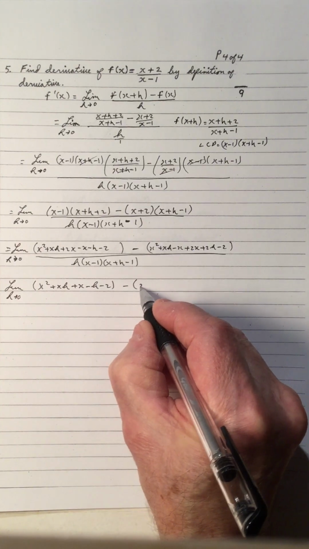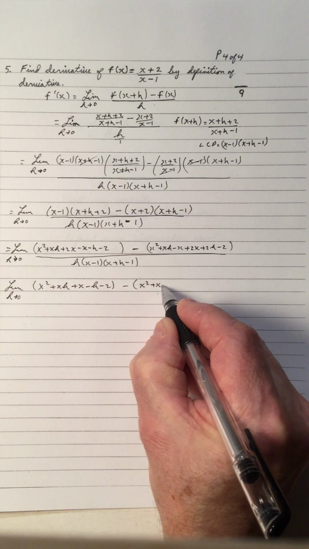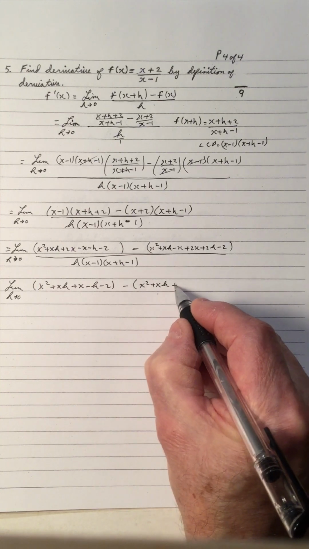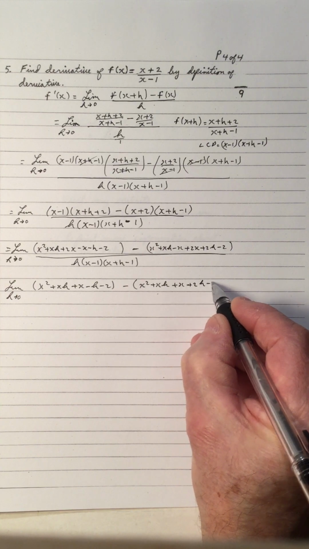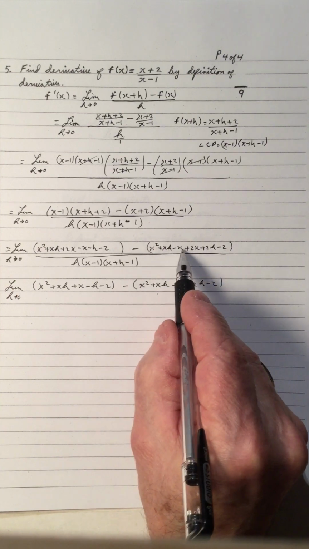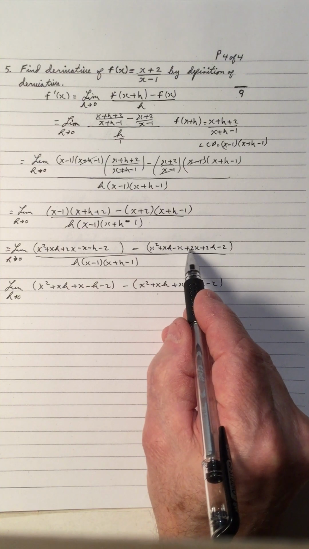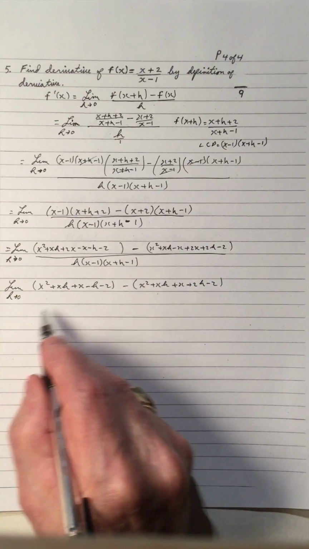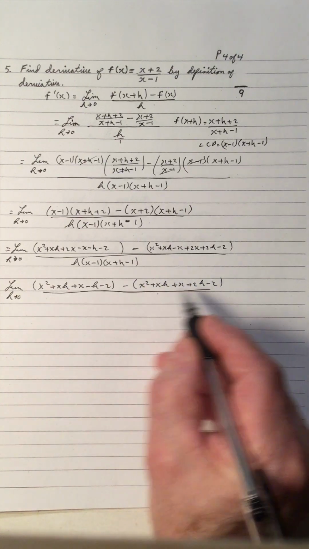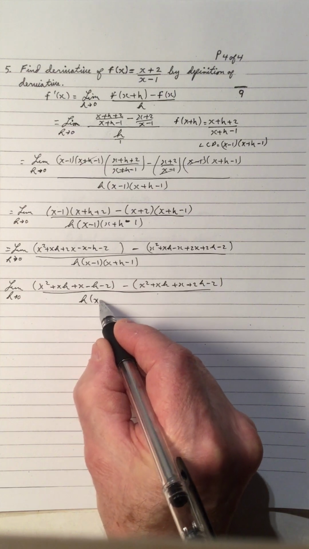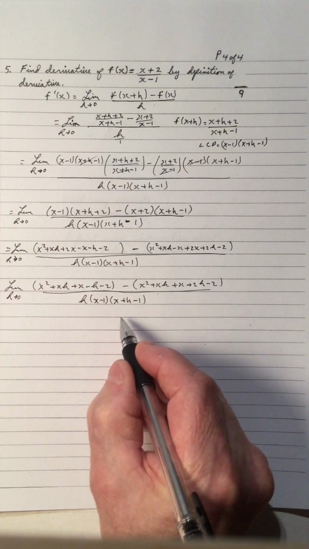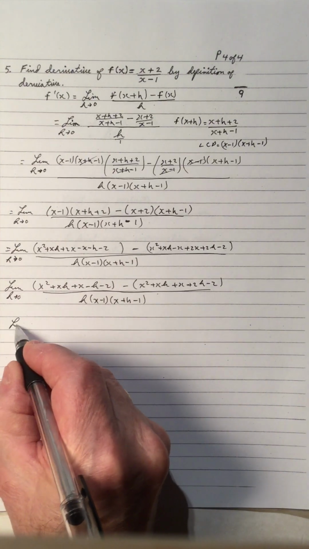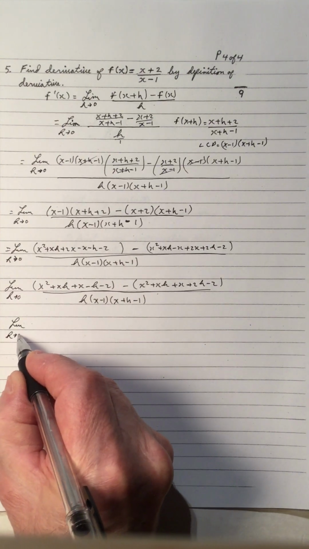And here we get an x squared plus xh plus x plus 2h minus 2. So the only common terms here are these two x's here and these two here. And that's all over. And again, I'm a believer in doing one step at a time until you get really good at the math. So the limit as x approaches 0.